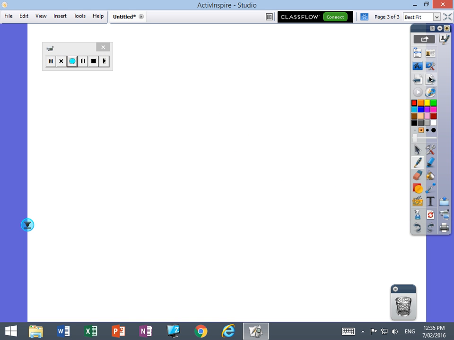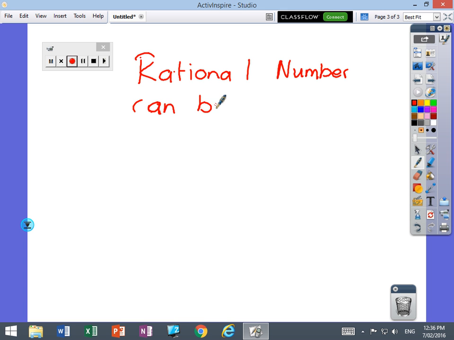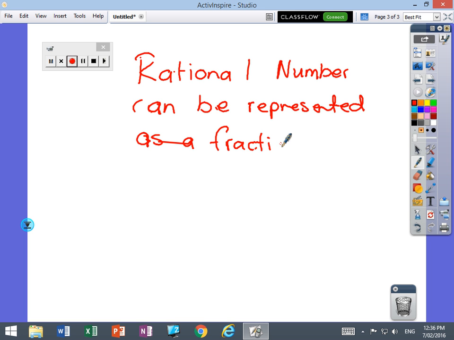So a rational number can be represented as a fraction or as a whole number.